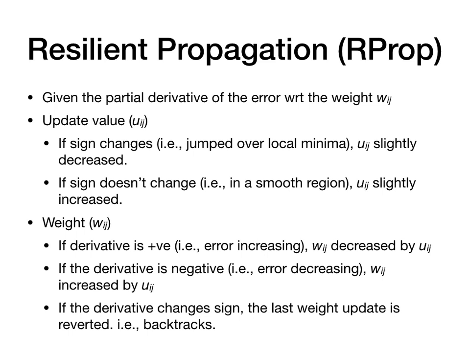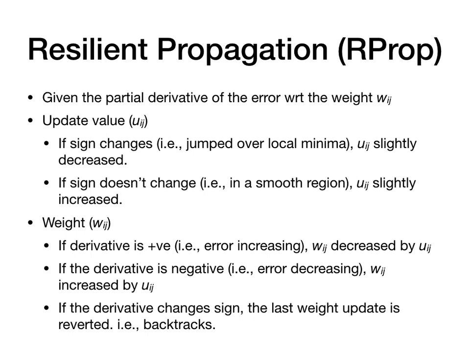If the sign doesn't change, then we know we're in a smooth region, so the update value can be slightly increased. As we keep going on smooth areas, the update rate keeps increasing, so it learns a bit faster. But as soon as the space starts to get choppy and curvy, the learning slows down. So that's our update value.